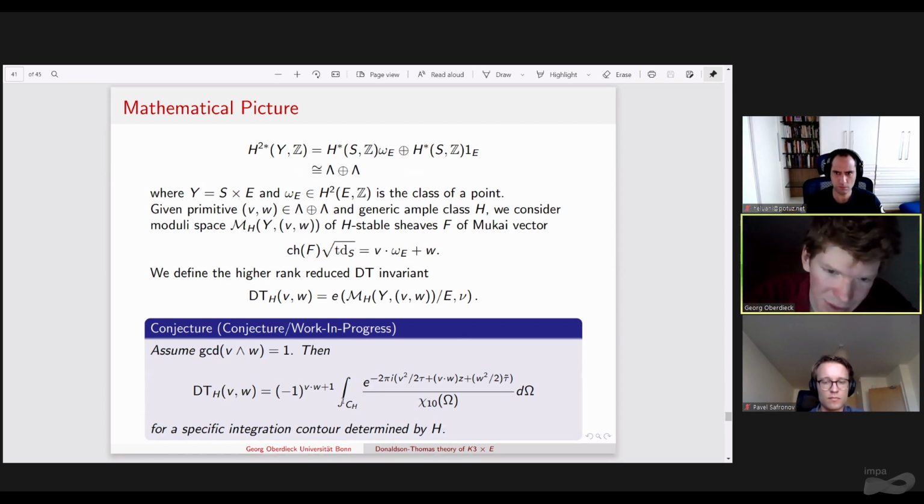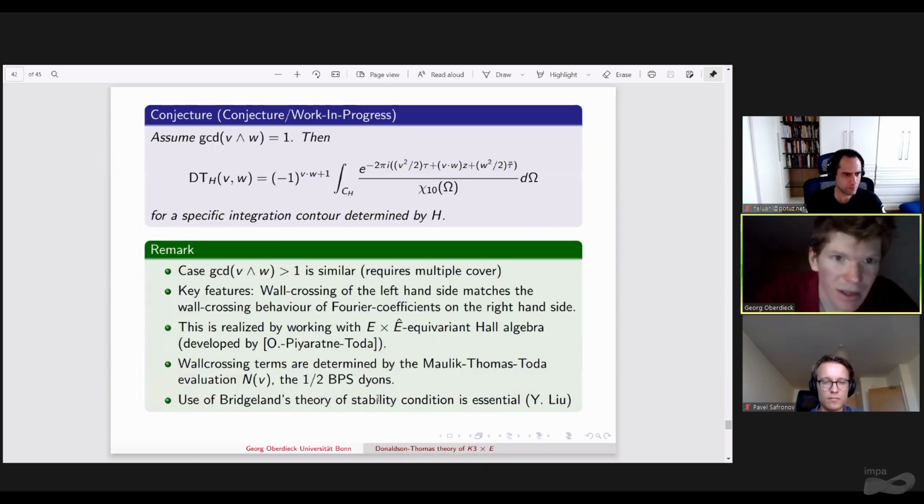So you take a contour integral over a certain contour, and the function integrated is again 1 over the Igusa cusp form, and then you pick out the Fourier coefficients specified by the intersection numbers of the charges of your Mukai vectors. And there's a specific contour that you pick for every given h, and I could write it down, but for time reasons, I haven't done it. So anyway, in some sense, this gives you a complete prediction for what should be the Donaldson-Thomas invariants for this threefold, at least for this primitive (v, w).